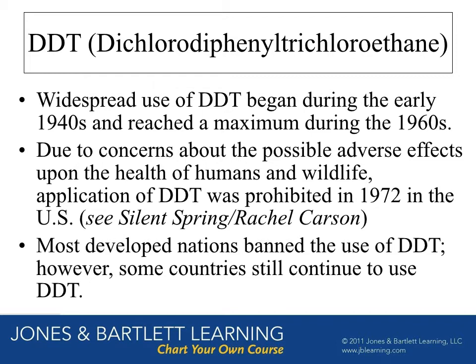Rachel Carson pointed out primarily that it accumulated up the food chain because it would be sprayed widely, it would get into the water, the streams and the rivers. It would then be taken up by the food chain, so the invertebrates get exposed to it, absorb it, the fish eat the small invertebrates, the larger fish eat those fish, and then the raptors, primarily the bald eagles, would eat the fish, and other things too, peregrine falcons.